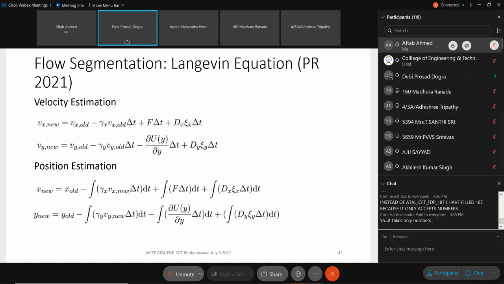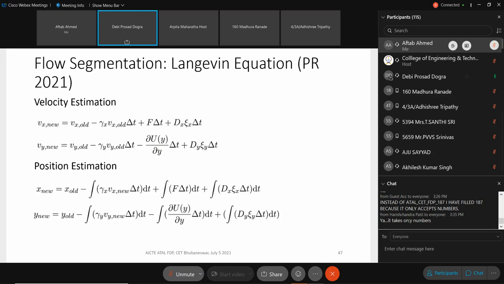This particular framework talks about the position and velocity estimation, and from the velocity itself how the positions are estimated is given here. This was published recently in Pattern Recognition 2021, and you can find this paper. It was published by one of my PhD scholars, so it's an interesting work.